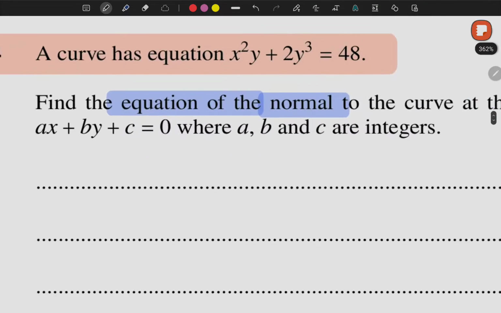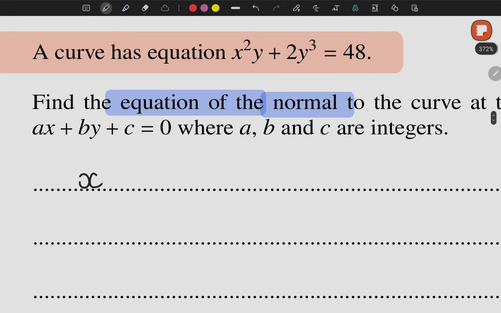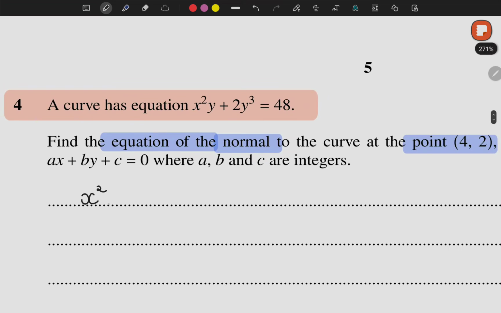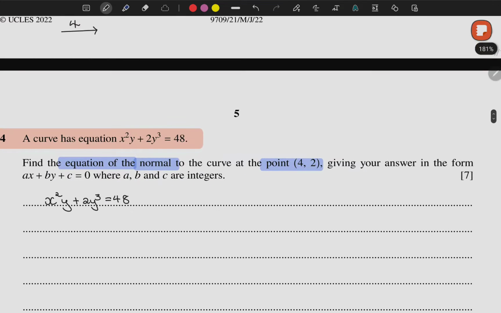So we have the curve, let's rewrite it: x squared y plus 2y cubed is equal to 48. Just to let you know, we have x and y, so we're going to use implicit differentiation.